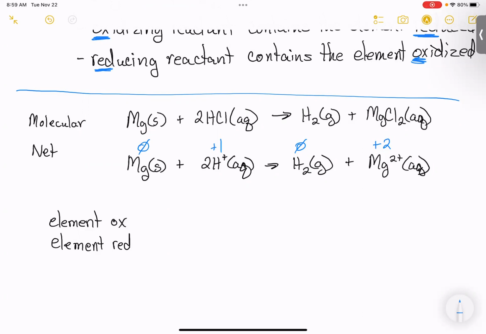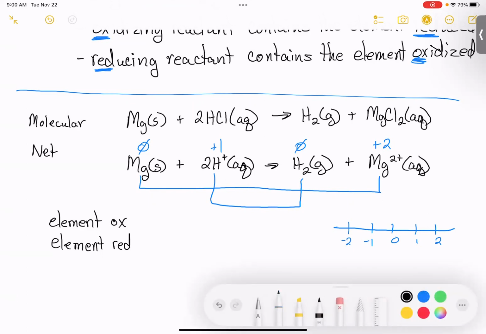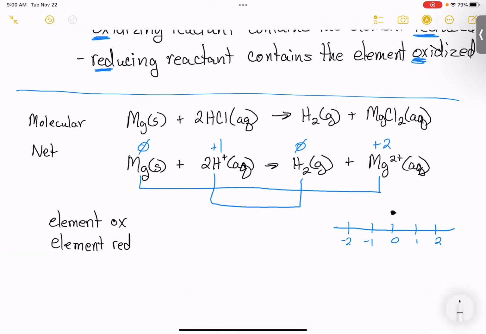Okay, so now we're going to connect the dots. Our magnesium underwent a change. Our hydrogen underwent a change. And thinking about our number line, we look at the changes that are being made. The magnesium goes from a 0 to a +2.